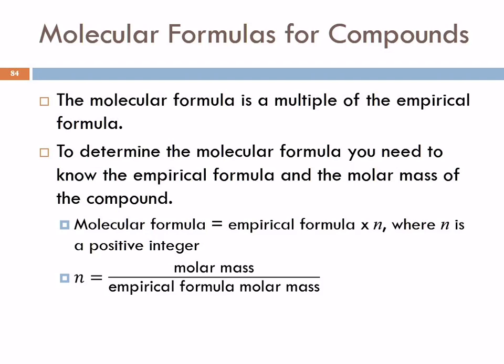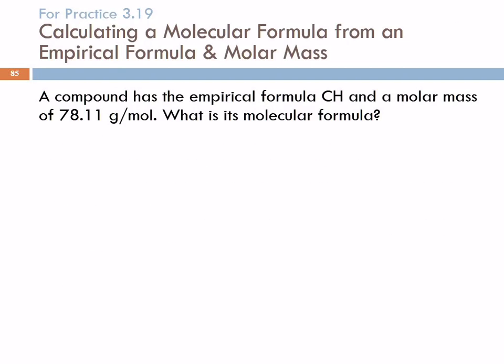Sometimes we'll give you the empirical formula to make a really easy problem. Other times we'll make you calculate the empirical formula like we did in the last 2 examples. So the molecular formula is equal to some number n times the empirical formula. So we find n by taking the molar mass of the real formula and dividing it by the mass of the empirical formula. So let's do an example of that.